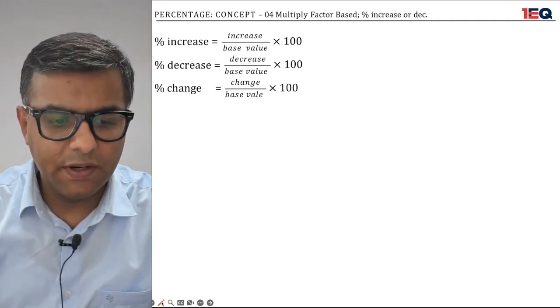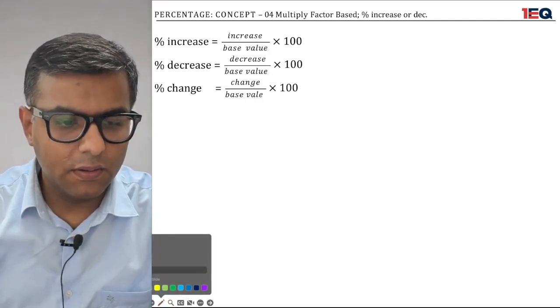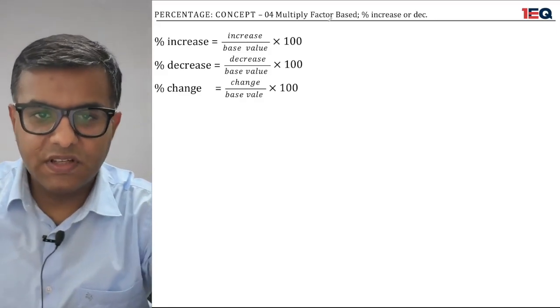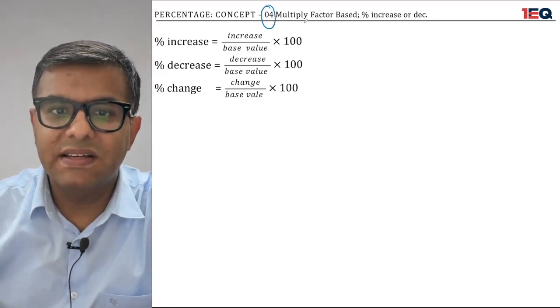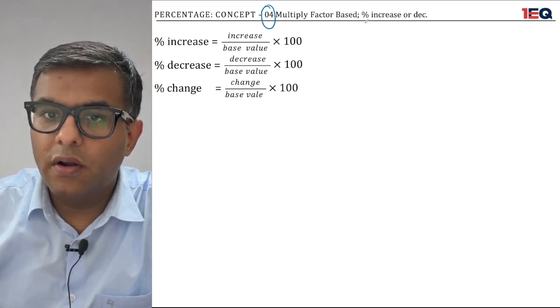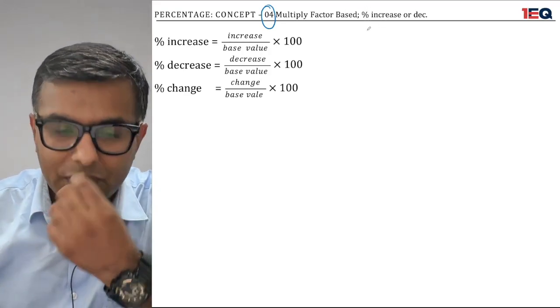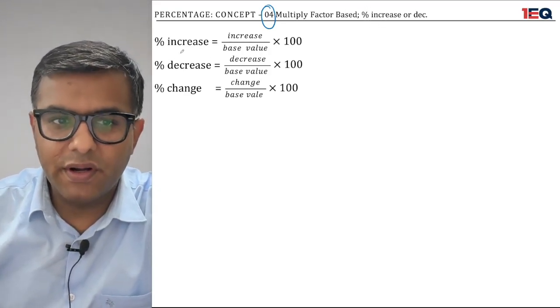Coming down to this particular concept, this is concept number 4 that we're talking about. It says multiply factor based or percentage increase or decrease. This is a very standard thing which we've already talked about.